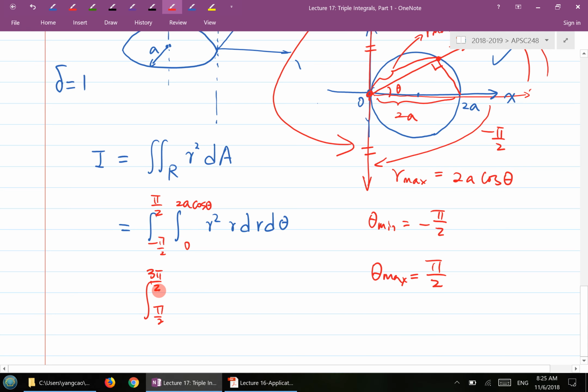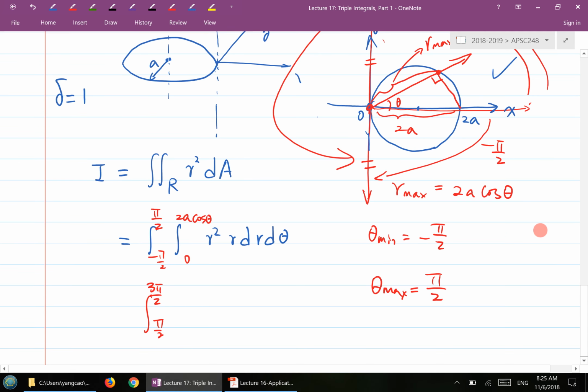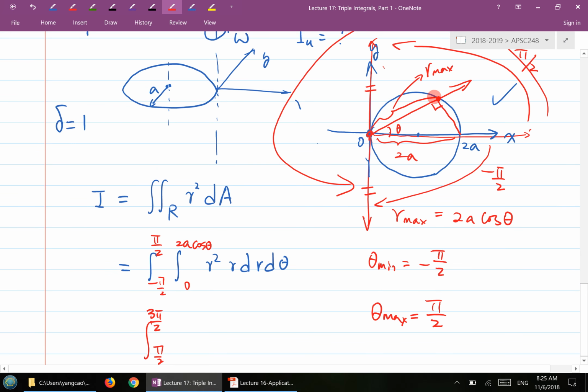Yes? The region we are talking about is on the... So if we go from pi over 2 to 3 pi over 2, that covers the area of the left side. No, I mean this part of the integral, it's pretty much the negative x-axis.